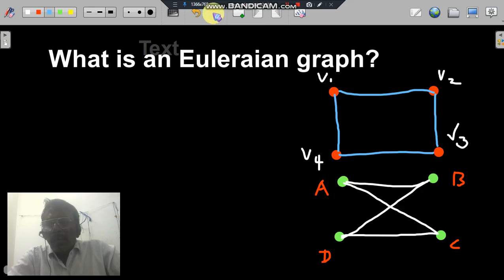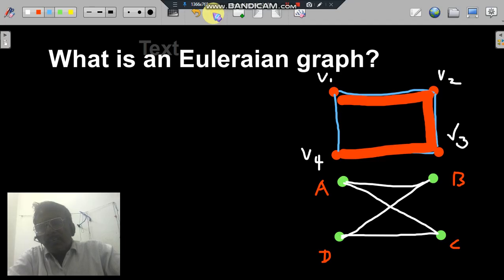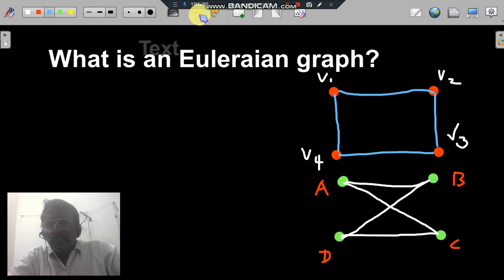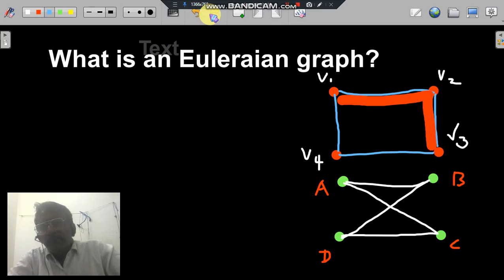Look at how I am making the cycle starting from V1 to V2, then V2 to V3, V3 to V4 and V4 to V1.